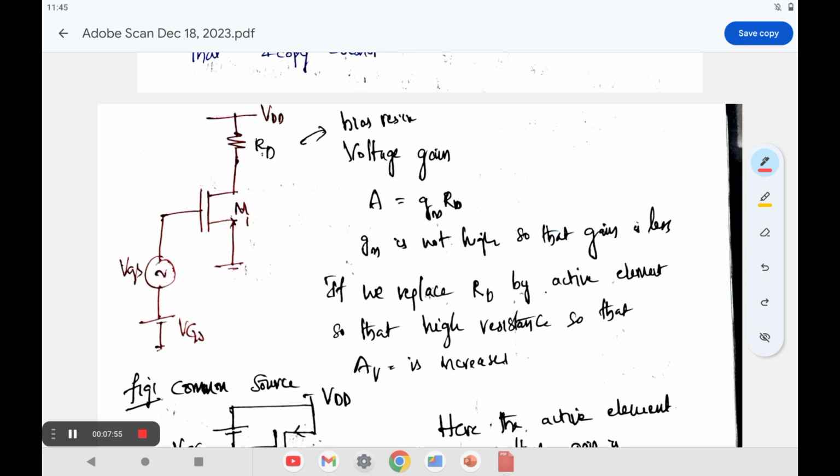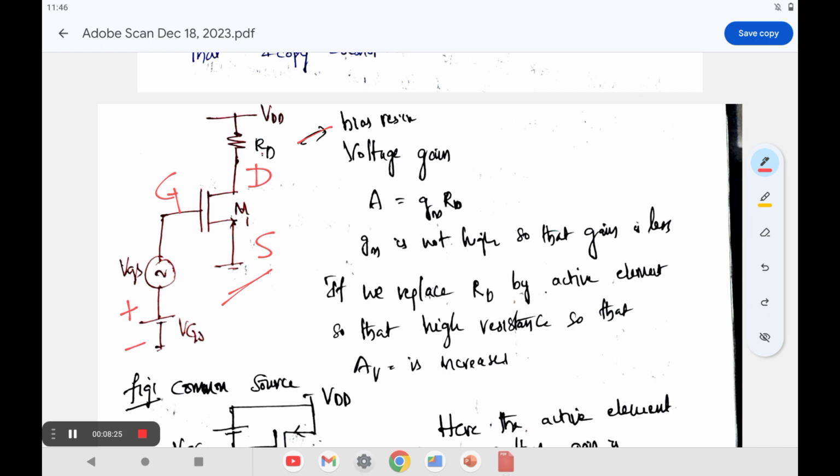Let us see. I think all of you are familiar with these circuit parameters. This is generally called a MOSFET. It has a gate terminal, a source terminal, and a drain terminal. This resistance is generally called a biasing resistance. This is VGS, the gate to source voltage.